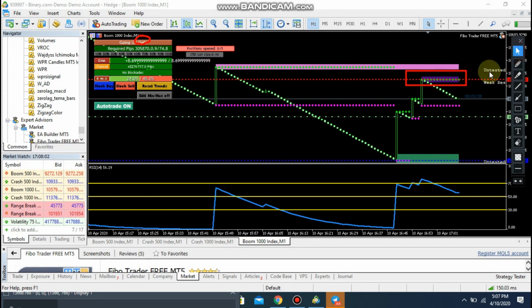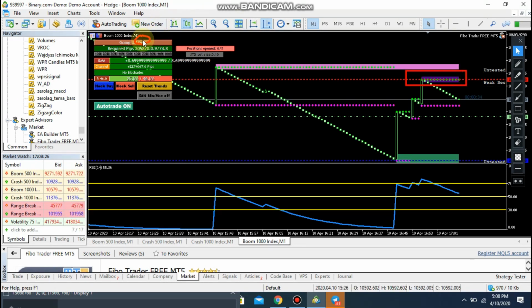So this is the maximum Fibo, this one, the red one, as you can see, and the blue one is giving you the minimum. So this one is serving you as a support, and this one is serving you as a resistance.